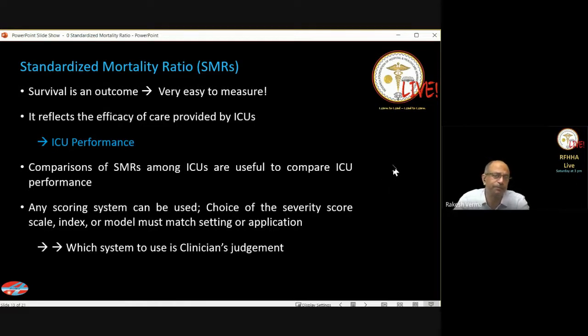It is applicable only to a pediatric setting. So depending on what setting you have, you must choose the correct scoring system and thereafter use it. Typically, which scoring system to use is ideal to leave to the clinician's judgment, because they are the ones who are going to provide you the scores. So eventually, they should understand the setting where this particular scoring system can be used.